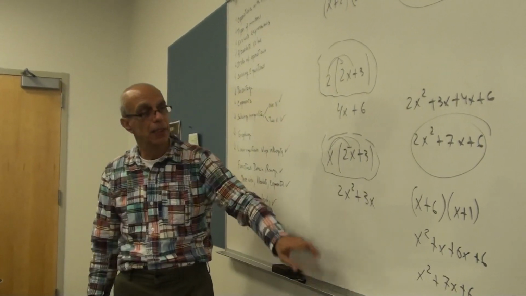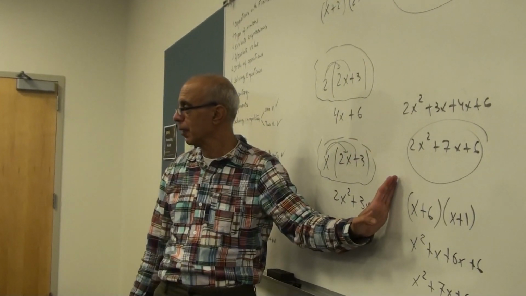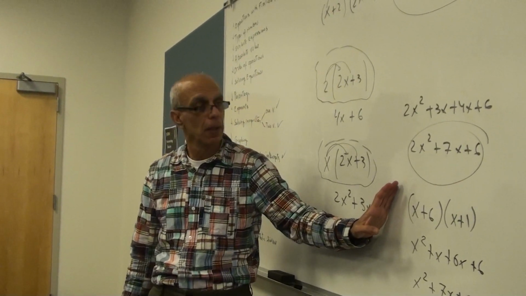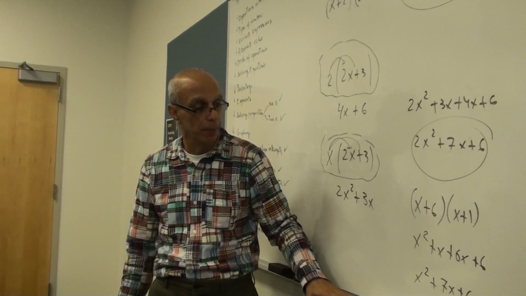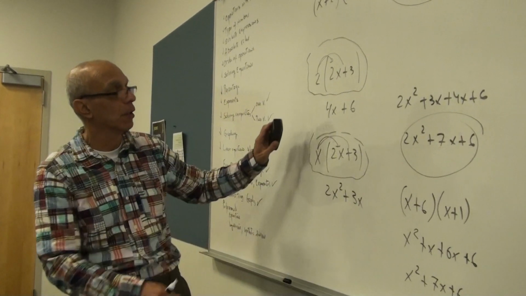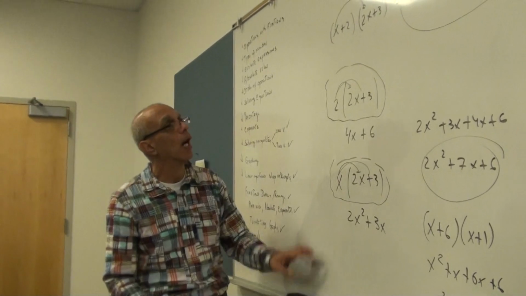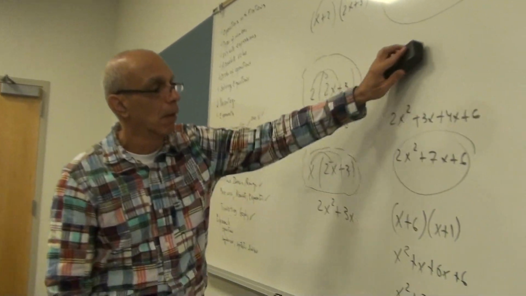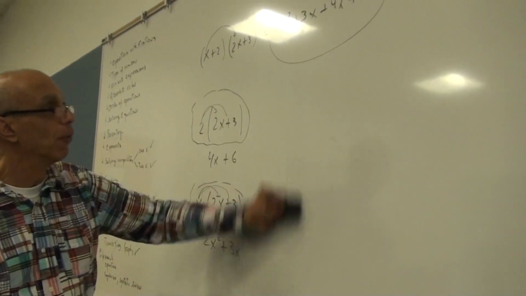Okay, but you're trying to factor, right? We didn't cover that yet. That's the next step, okay? Let's focus now just on multiplication. I'm just trying to cover the technique of how to multiply binomials, and the utilization of the FOIL method.